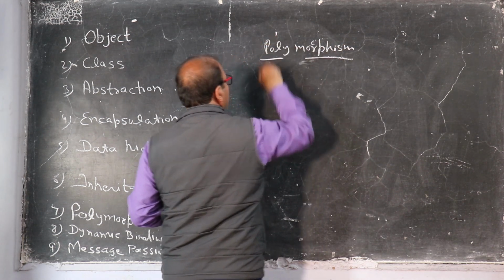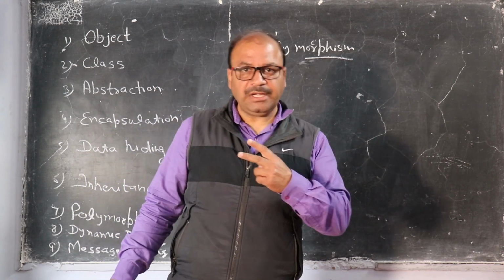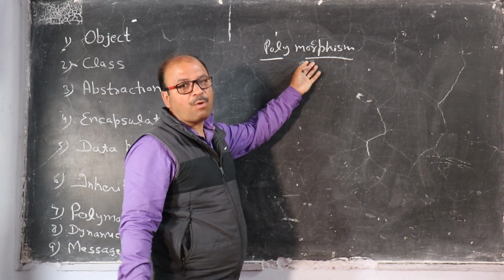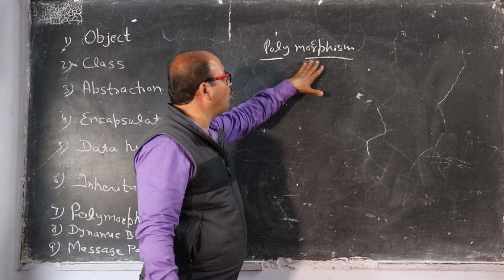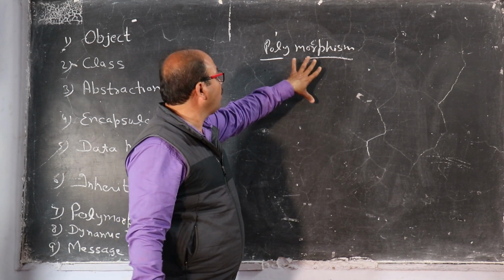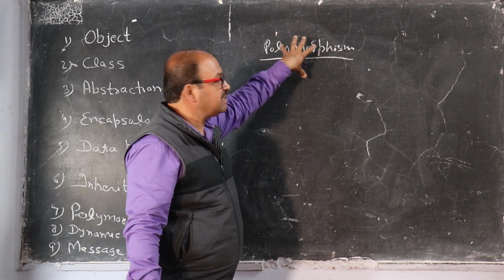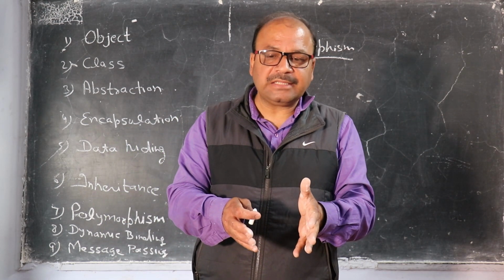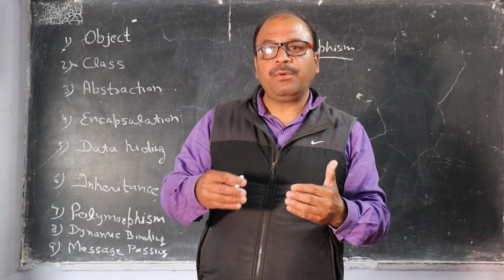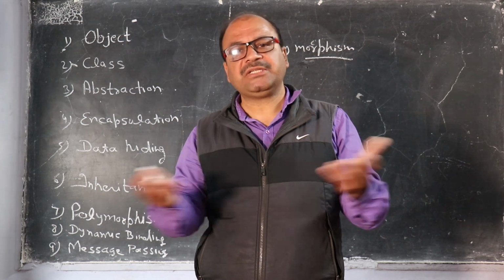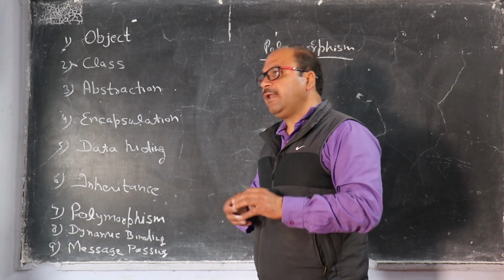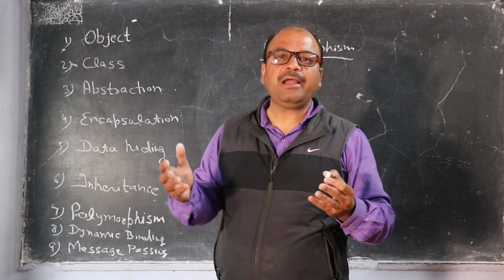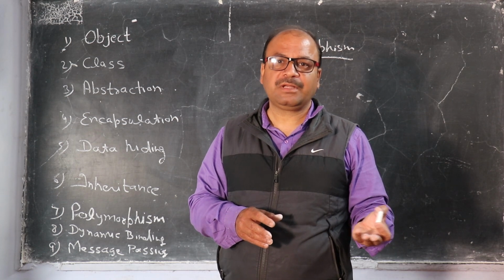It consists of two words, poly and morphis. So polymorphism means the ability of any object or entity to perform more than one task in different situations. The ability of any object to behave differently in different situations is polymorphism.